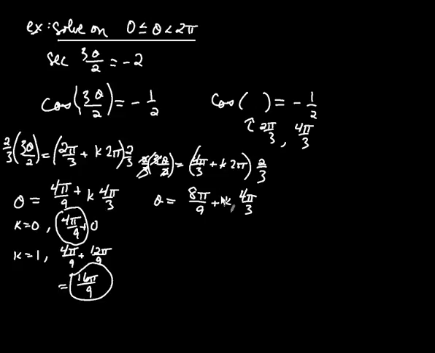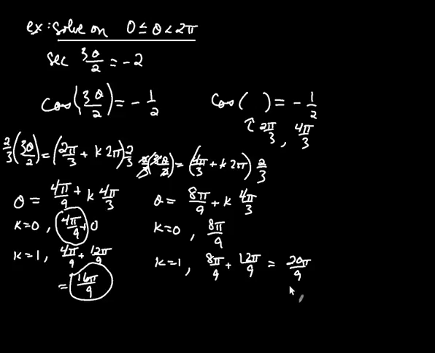Okay, are there any other solutions? Now, you have to check this out, right? So k is equal to 0 gives you the 8 pi over 9. That certainly works. That's certainly between 0 and 2 pi. Then you try k is equal to 1. That brings you to 8 pi over 9 plus 1, and just like before, plus 12 pi over 9. When we add those together, we get 20 pi over 9.